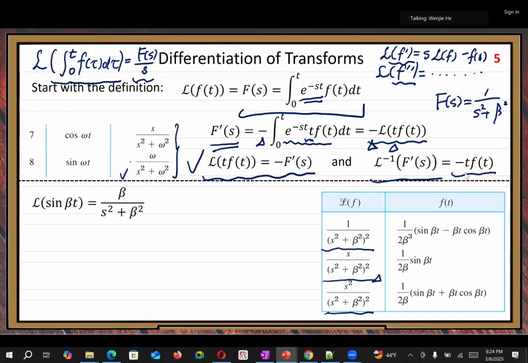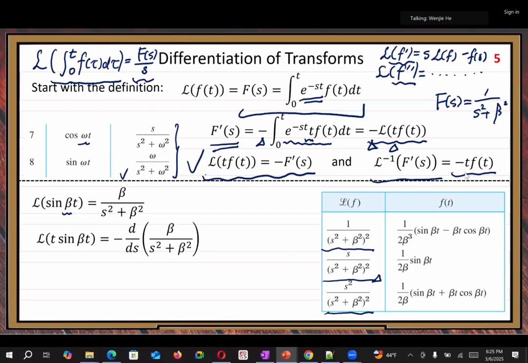When we start, this is our function. We just copy, we just replace omega by beta. All right. Then we apply this differentiation of the Laplace transform formula.